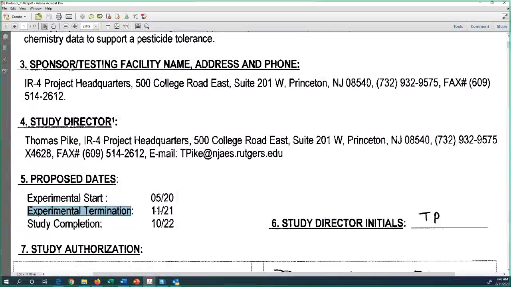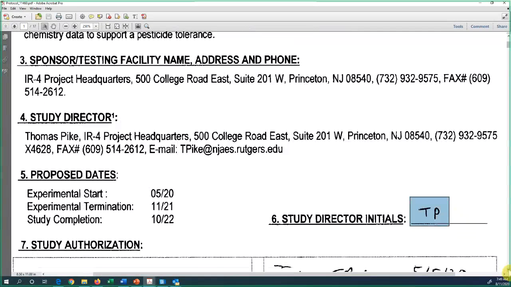And you will see the study completion date. What is the study completion date? We know that it's when this person signs the final report. So we are using EPA GLP. That's why we can say this is all EPA GLP. If you use a different GLP, that would be different.